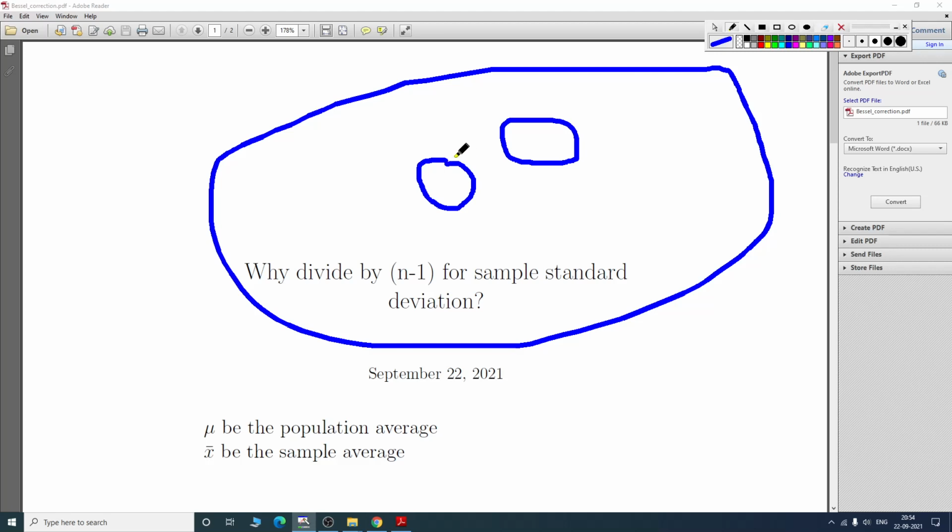It is not possible to get the mean of the population exactly, because the number is very huge and it is difficult to get the exact data. So instead we take some small samples and compute the mean of these samples.